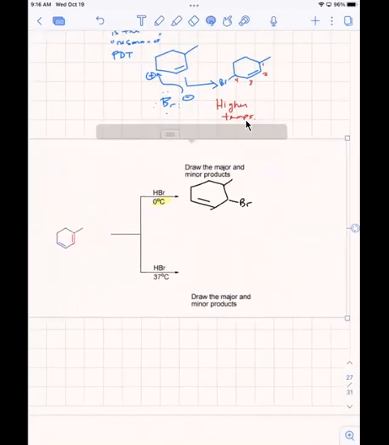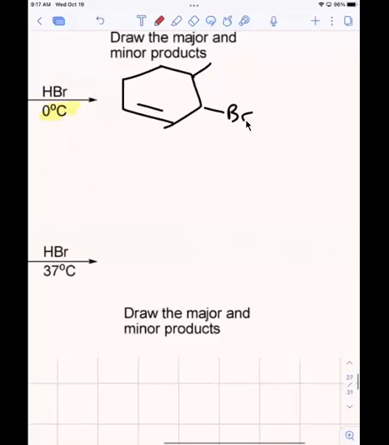All right, so this is low temperature, this is major, right?